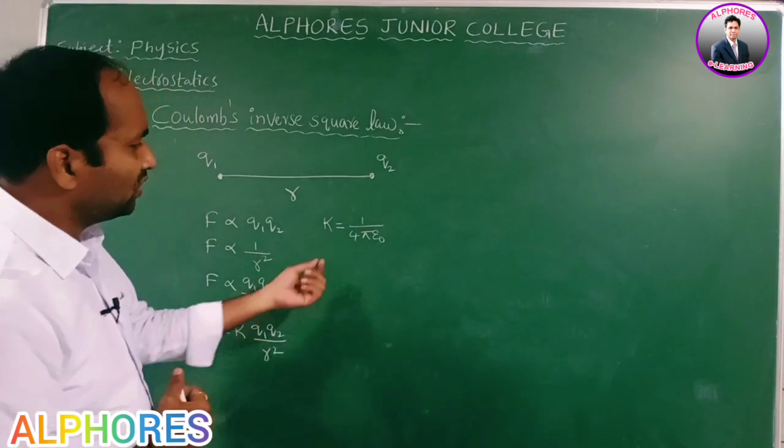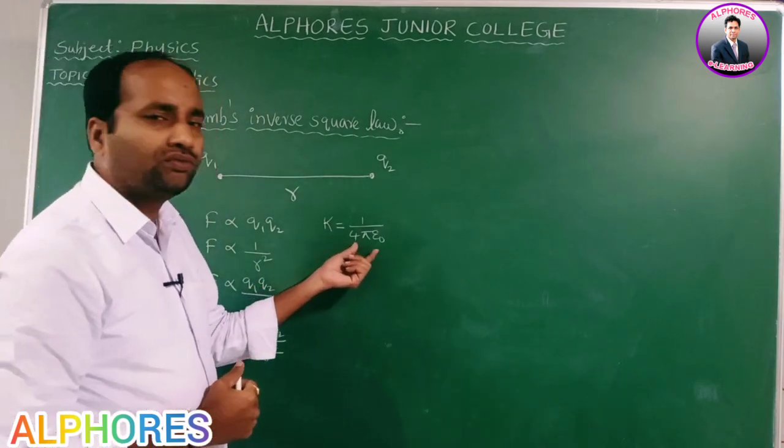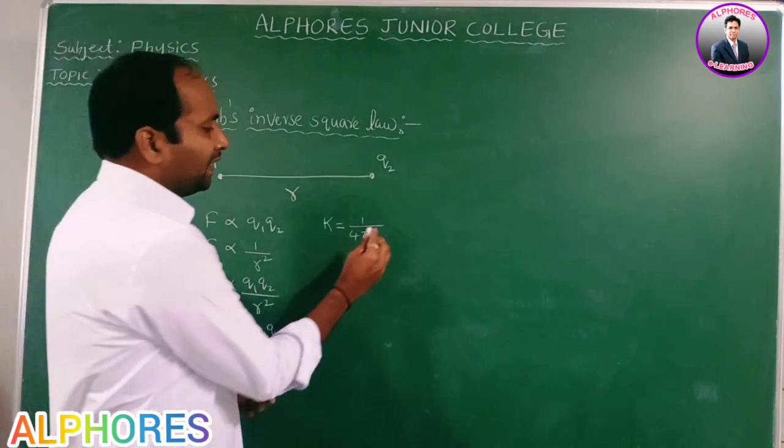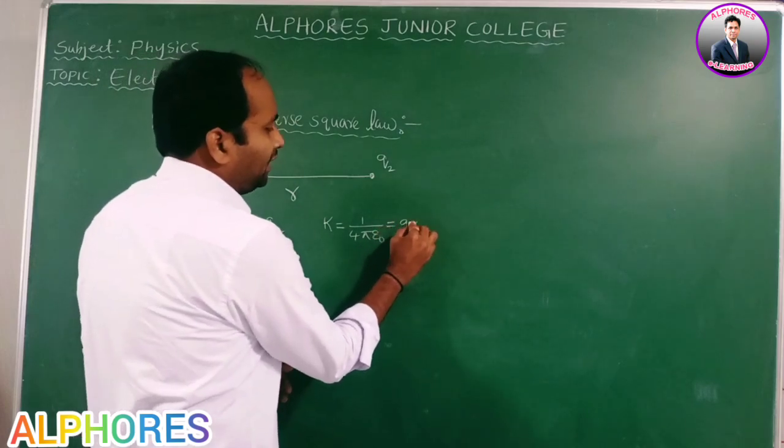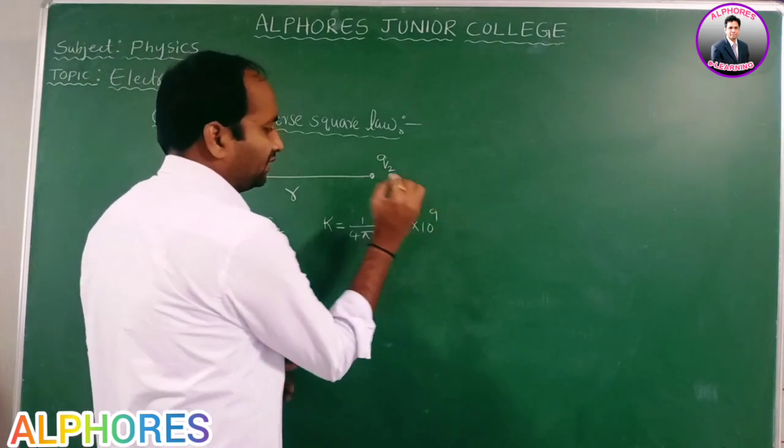What is the constant value here? 1 by 4 pi epsilon naught is 9 into 10 to the power of 9.